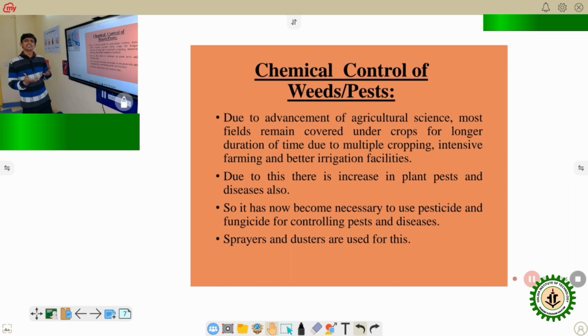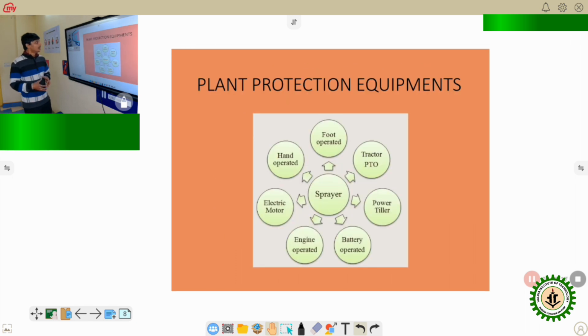There are many types of dusters and many types of sprayers, which improve the efficiency of the application of crop protection materials in field conditions. There are different types of plant protection equipment generally available.